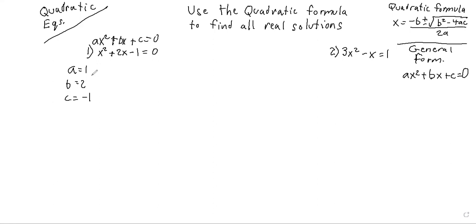So let's go ahead and do that. The quadratic formula is x equals minus b plus or minus the square root of b squared minus 4ac, and that's divided by 2a. Now we know the values of a, b, and c, so we can substitute them in for the letters in the equation.